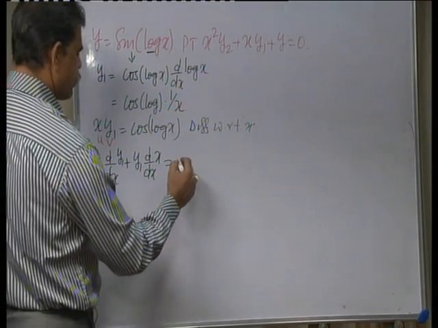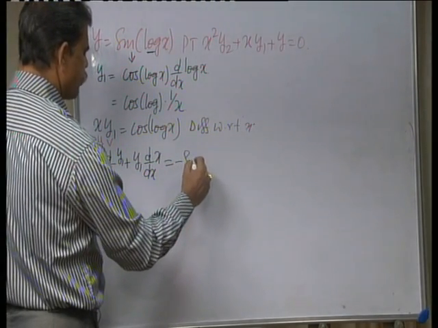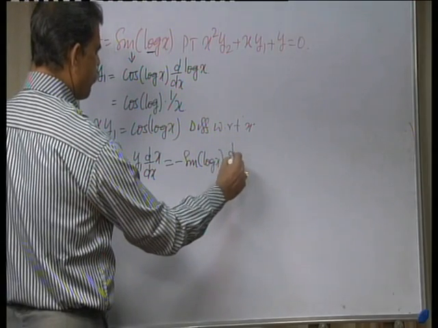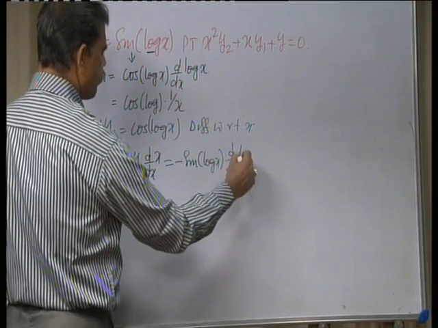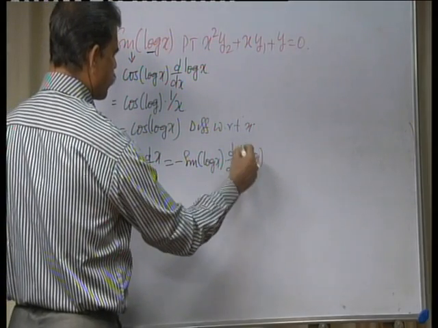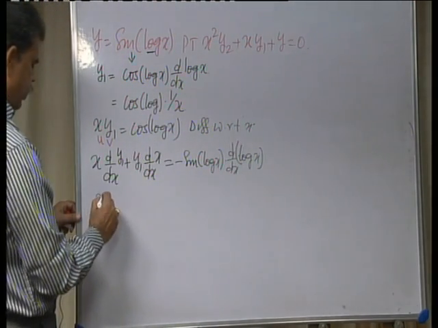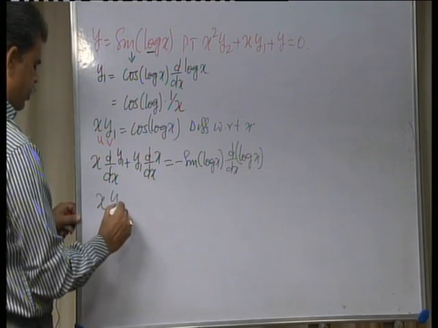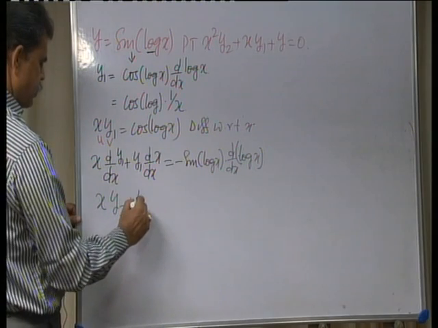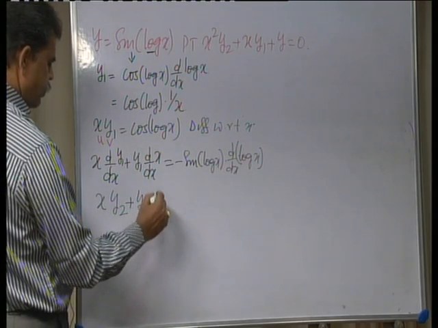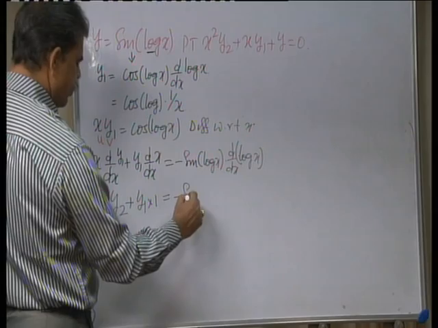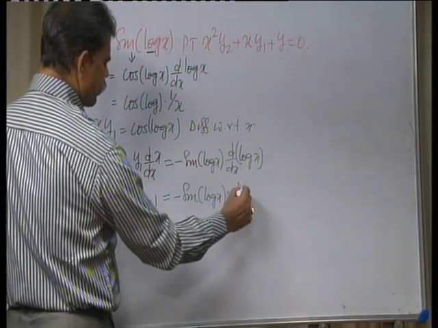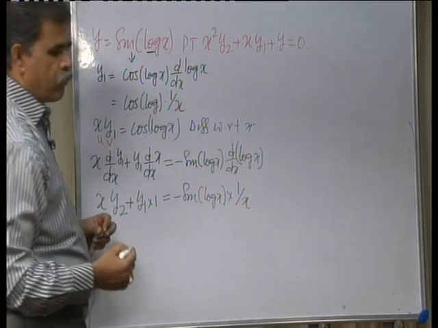Cos log x, differentiation of cos is minus sin function log x into d by dx of log x. So, differentiation of log x is what? 1 by x, that is x into d by dx of y1, it should be taken as y2, plus y1 into differentiation of x is 1, it is minus of sin of log x into differentiation of log x, which is equal to 1 by x.